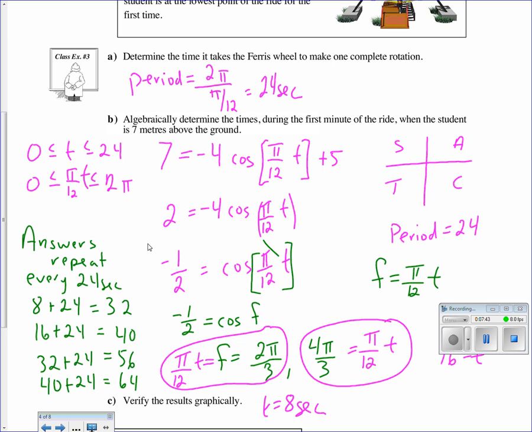I want to set f equal to the contents of my cosine statement. So f is going to be equal to pi over 12 times t. And now I'm going to inverse cosine the answer and get the answers in green for f. F is 2 pi over 3 or 4 pi over 3.